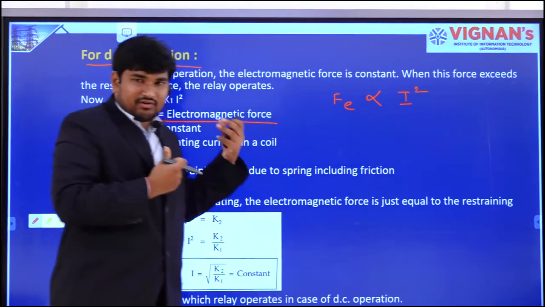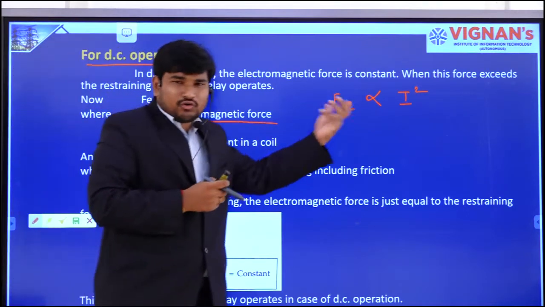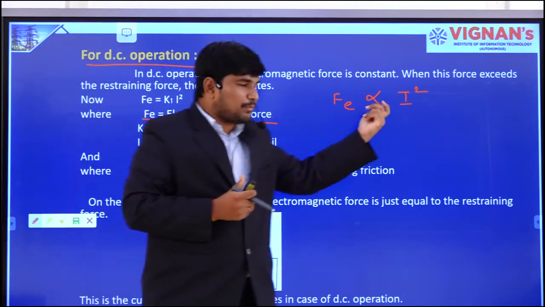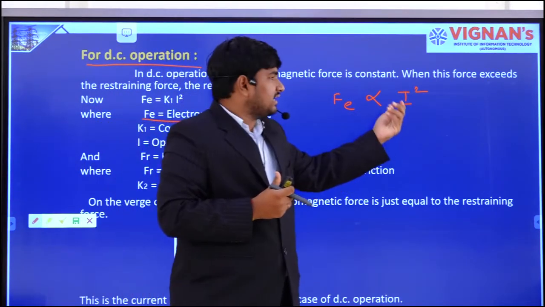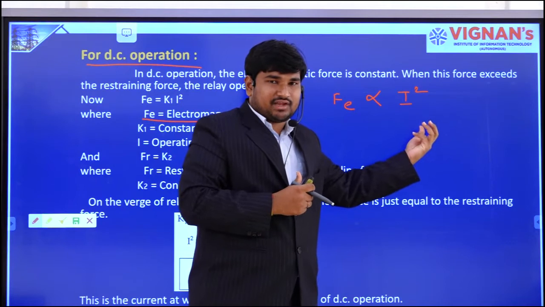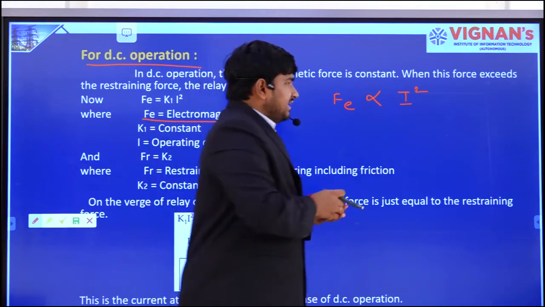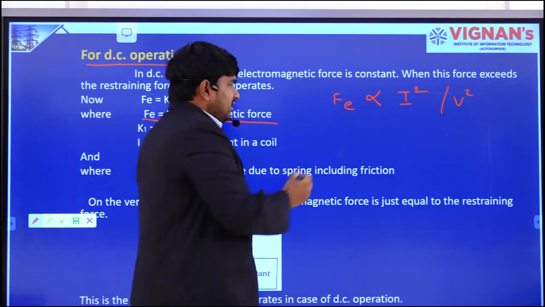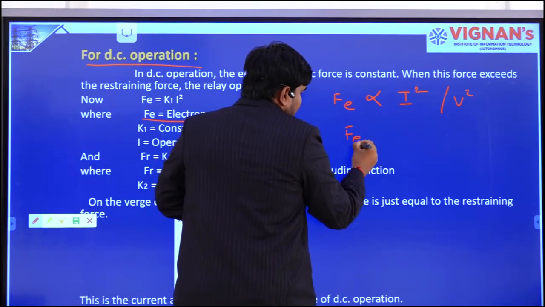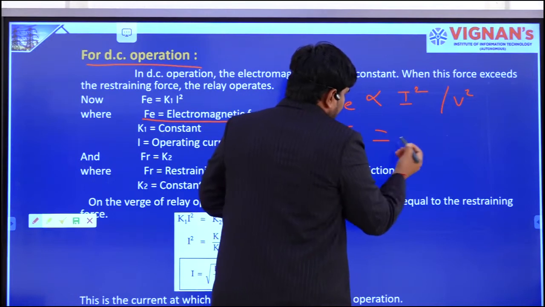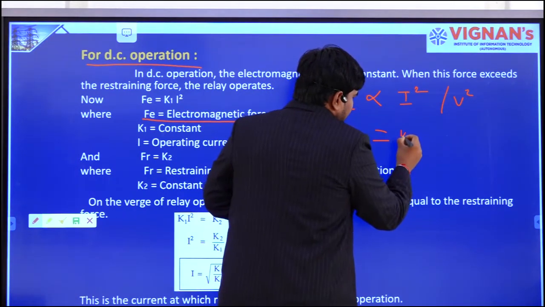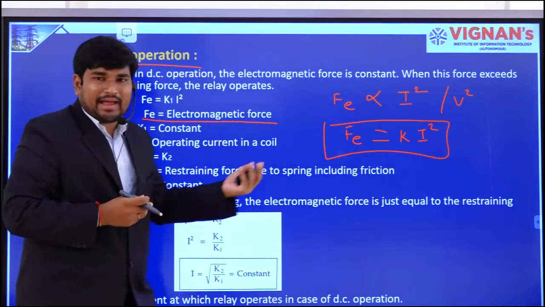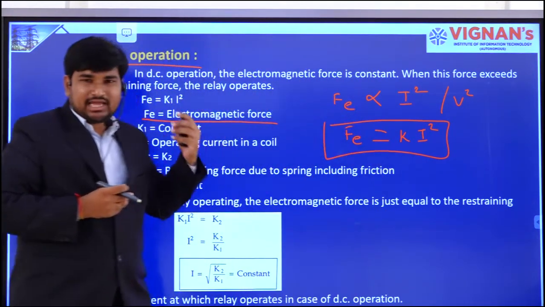In the previous class we discussed that the torque or force generated in attraction type relays is directly proportional to the square of the current signal, I square, or if it is a voltage signal, V square. So we can write the force equation as K times I square. This is the electromagnetic force in attraction type relays.